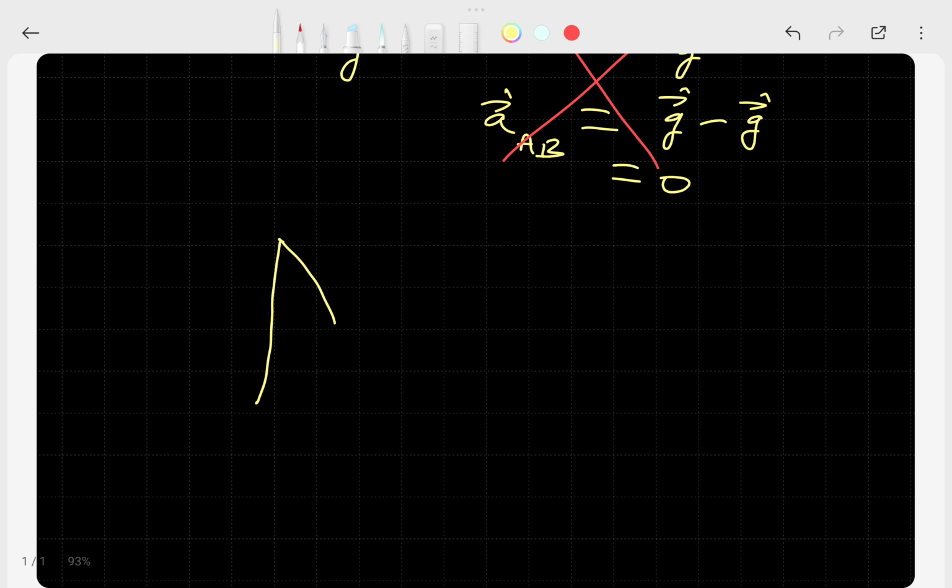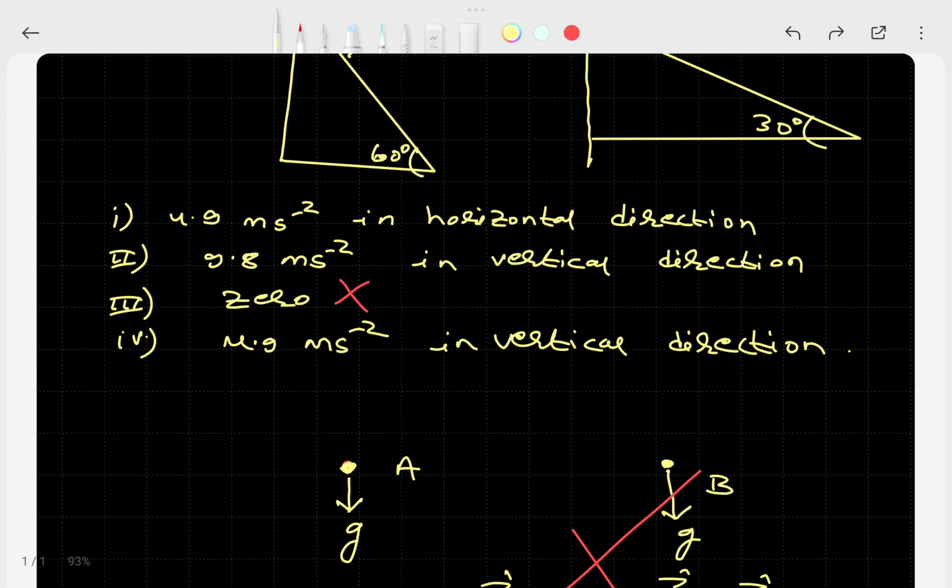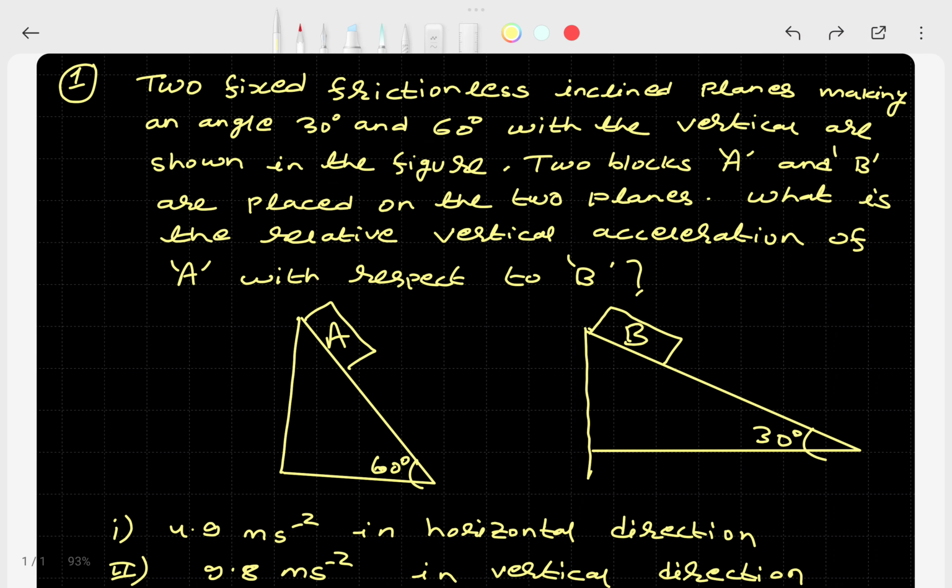I'll go back to the same figure again, so there's no need to draw again. Now see here, this is the free body diagram for block A. This is 60 degree, this will be 30 degree, this will be 30 degree. If you draw 90 here, this is an easy concept, this will be 30 degree.